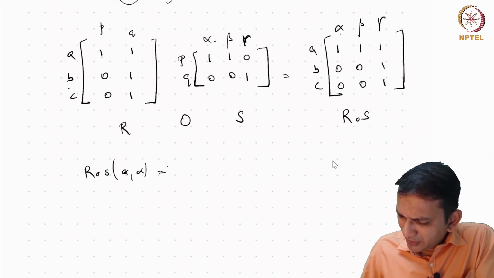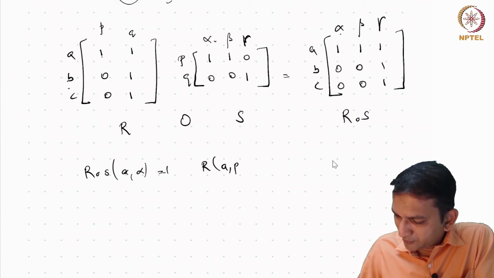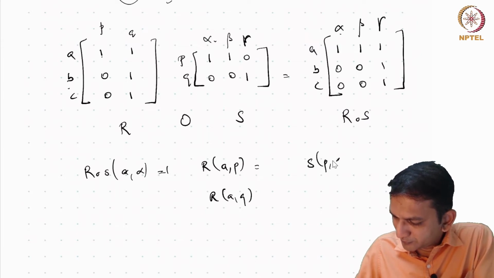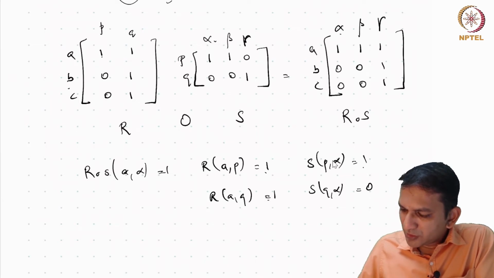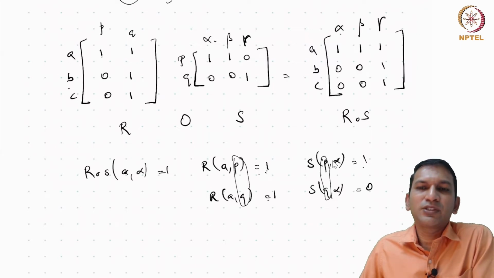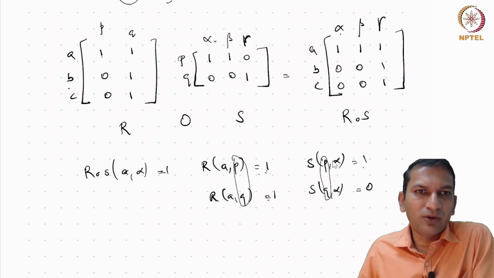We say this is equal to 1 if there exists some pair is 1. So some pair is 1 means as you vary over y, there exists a y such that for some y both of them are 1, and you do not really worry about if for some other y both of them are 1 or not. It can very well be, but otherwise also you do not bother.